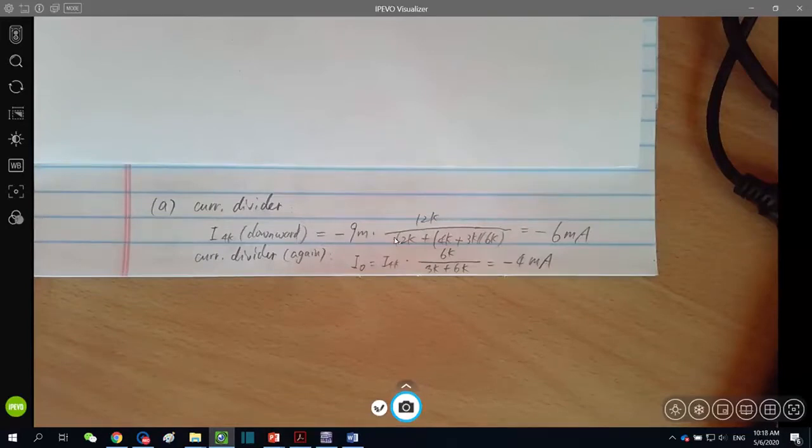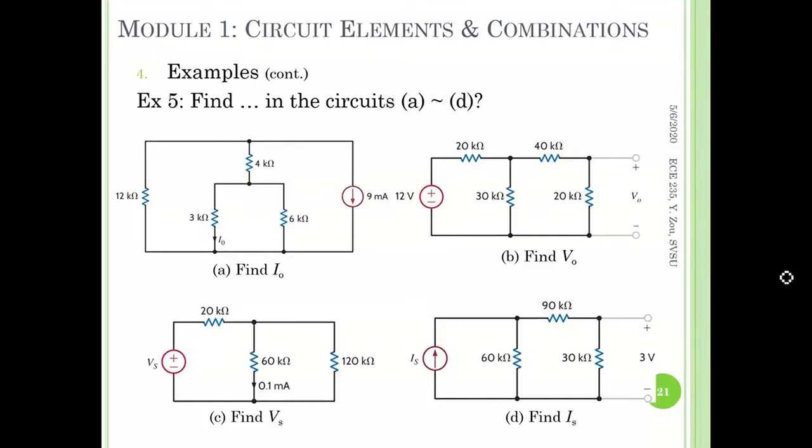The denominator is the sum of 12K and the 4K branch containing the parallel combination of 3K and 6K here. So the current through 4K downwards is -6 milliampere. And using this current to do the second current divider shared by 6K and 3K, since they're in parallel, you get I naught as -4 milliampere.